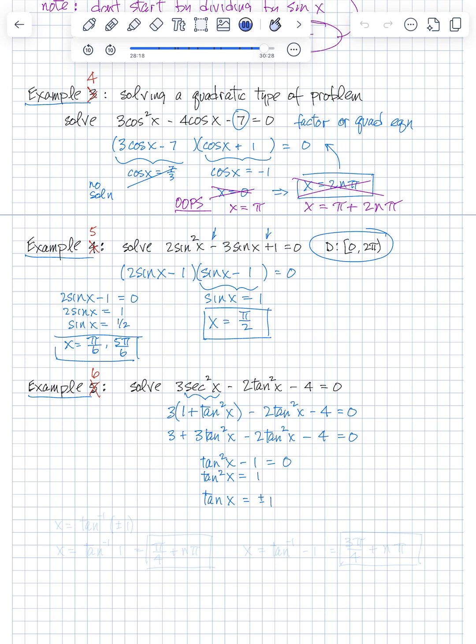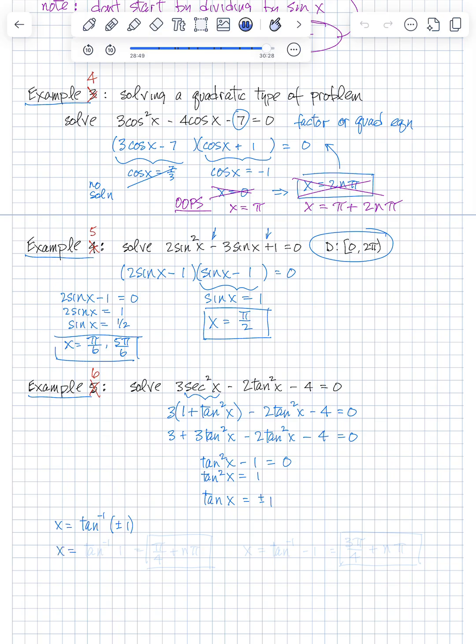So now let's say we didn't know this was on the unit circle. We're going to solve this by saying x is equal to arctangent of plus or minus 1. Well, let's do one at a time. Let's just say the arctangent of positive 1.